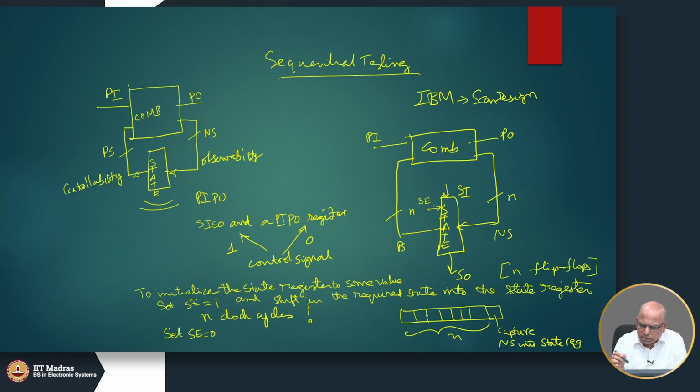See, for example, our test vector, let us say I am trying to test for a stuck at fault here, then if I look at this combinational logic, my requirement may be that I must put 1 0 1 1 and maybe some other arbitrary state. This is a state that I need to send it to. And then it says the output should be 0 1 1 0 and the correct state should be 1 1 0 0 1 1.